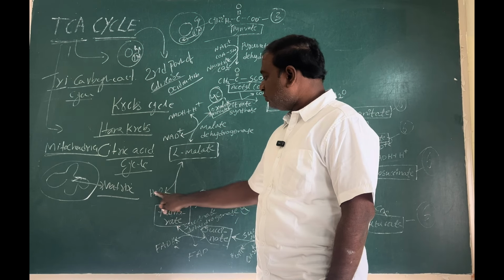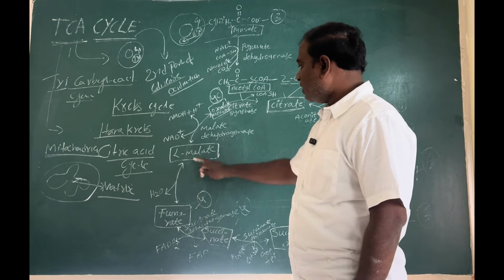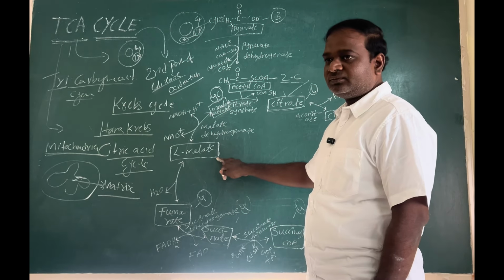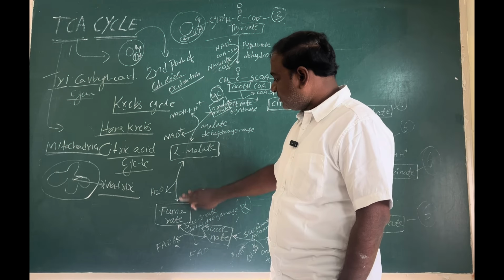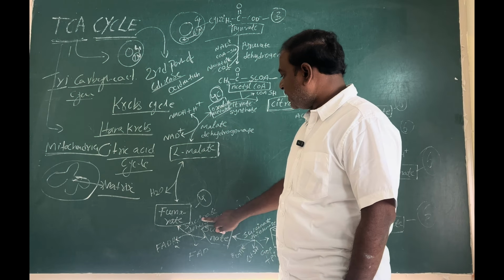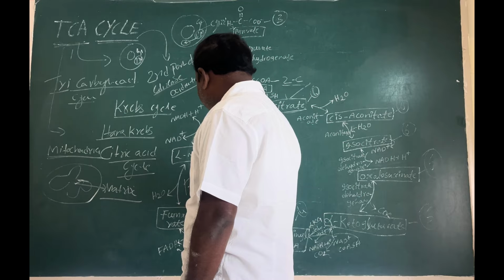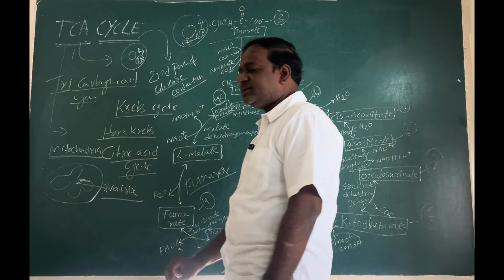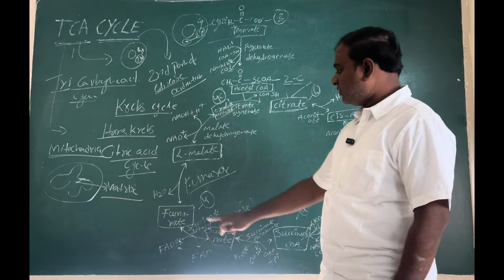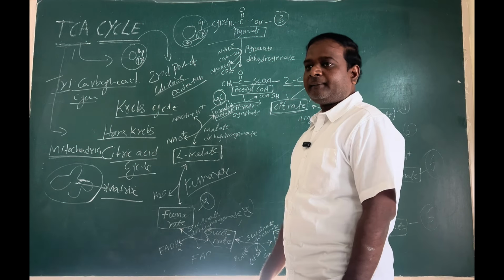Fumarate then loses a water molecule to form L-malate. It is a very quick reaction. The enzyme here is fumarase, which converts fumarate to malate.